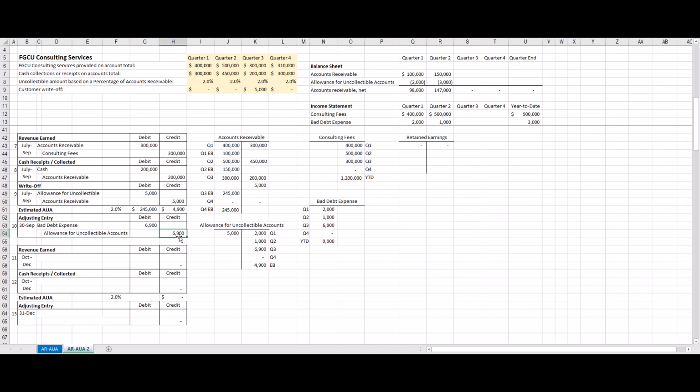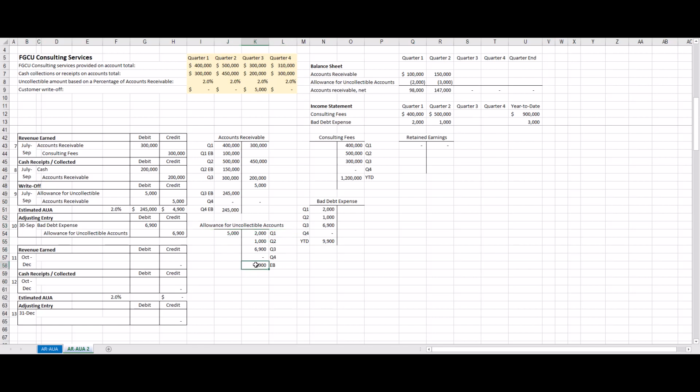Once the adjusting entry is posted to the general ledger, bad debt expense for the quarter is $6,900. And for the year to date, it is $9,900.